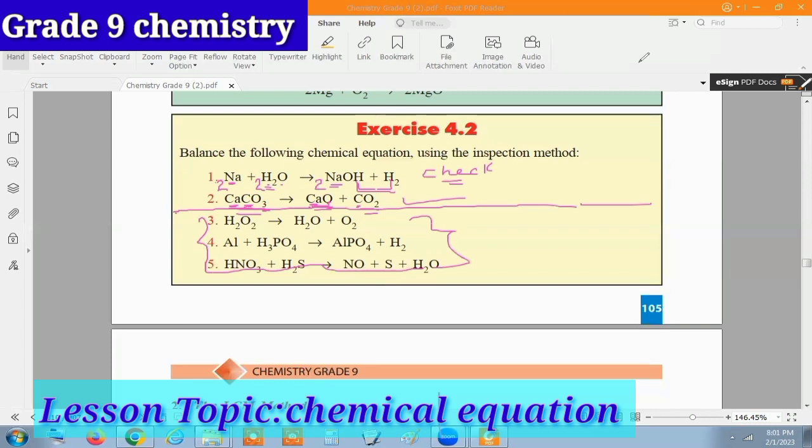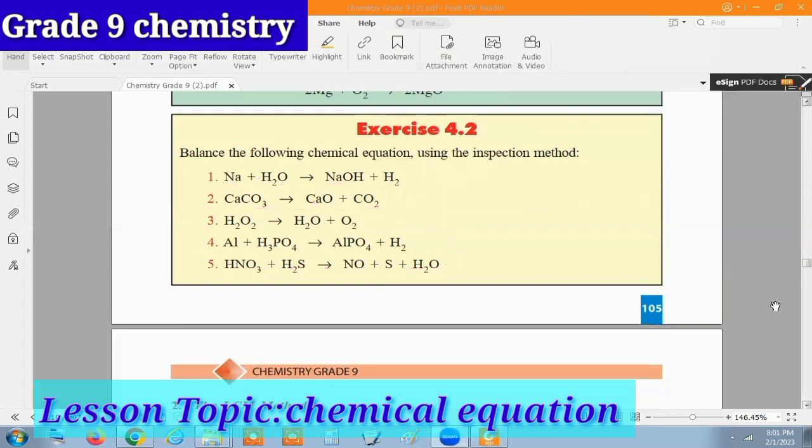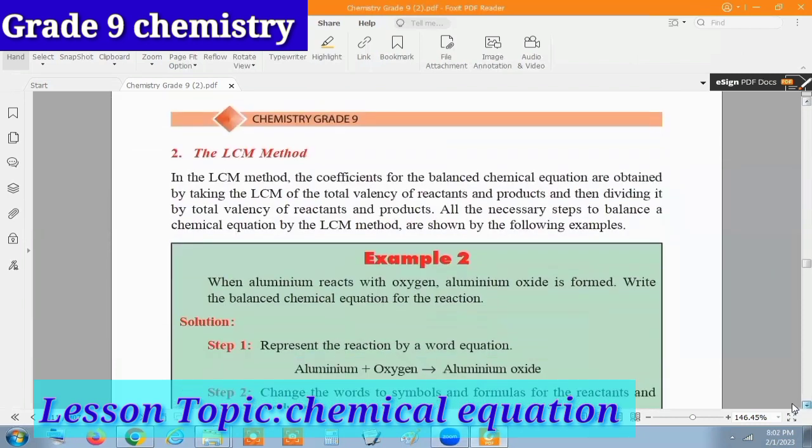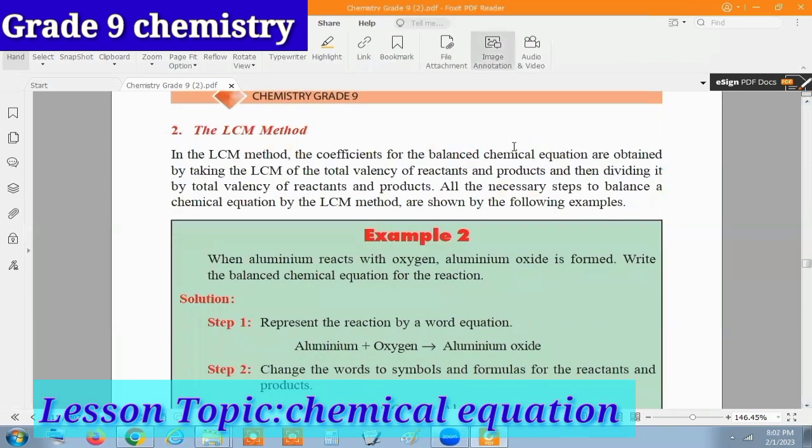Let us continue with our next portion. The next method of balancing chemical equations is called the LCM method.